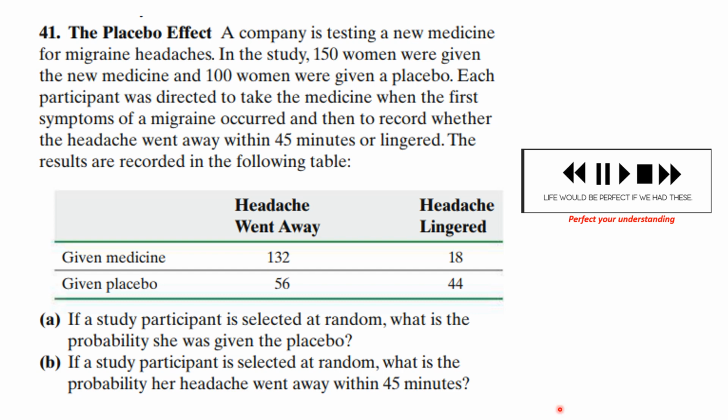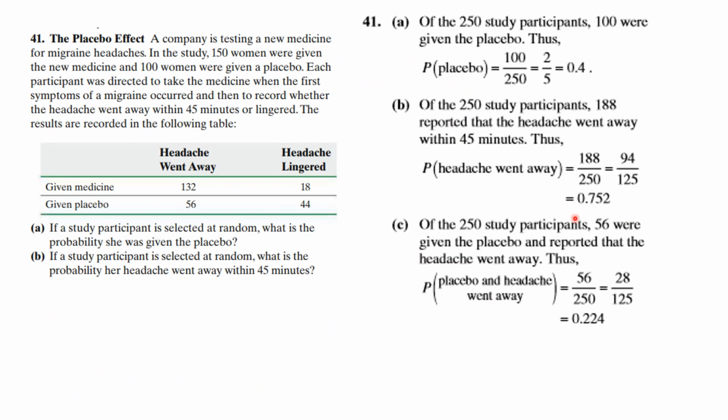Here's a problem dealing with the placebo effect in a medical experiment. You know what to do and when to do it. Let's see how you did. Okay, so we had this table, and what you know is that there are 100.